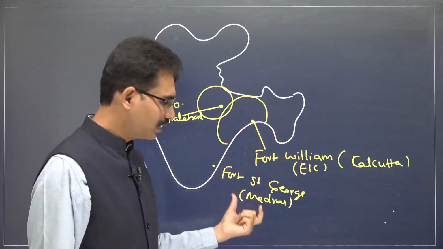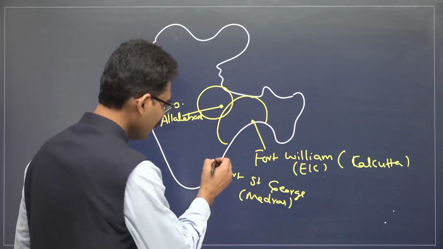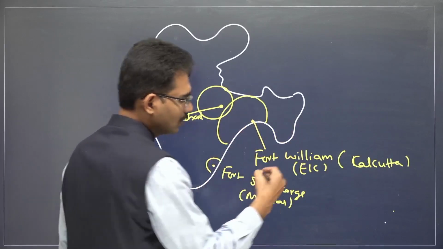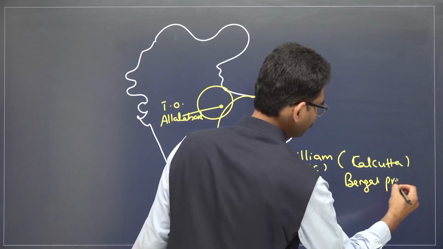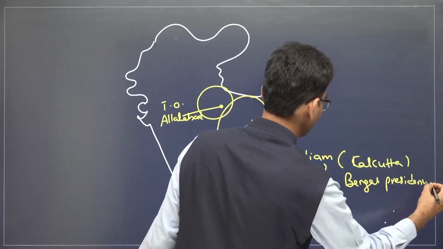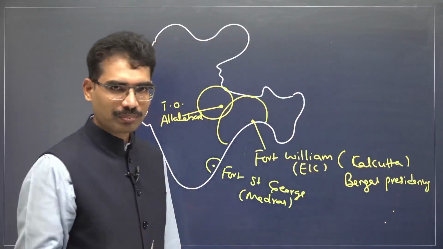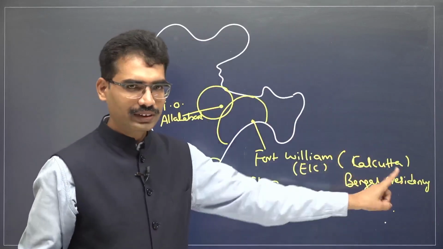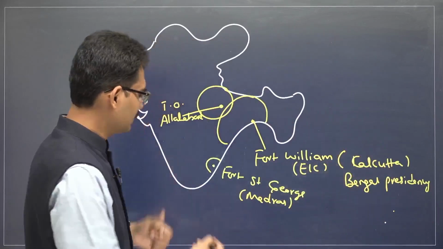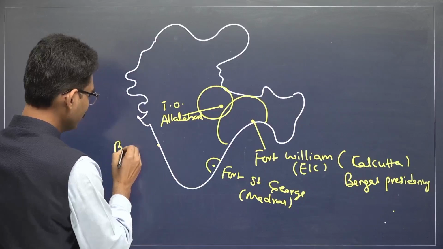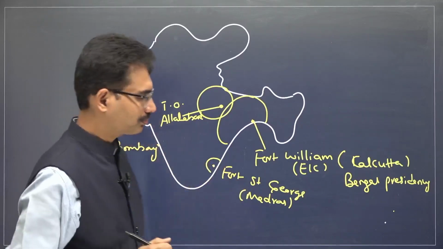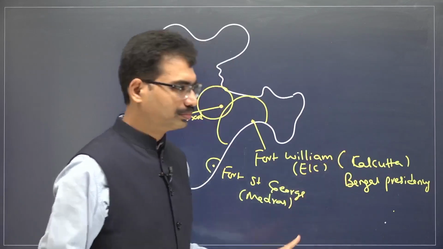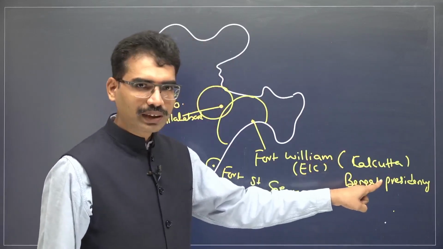And from Fort St. George, Madras, they are managing this and this. So this is the Bengal Presidency. In the Bengal region, the presiding officer, presidency; Madras Presidency. Similarly, here, Bombay. Here there is no such kind of fort, Bombay. Fort William, East India Company.